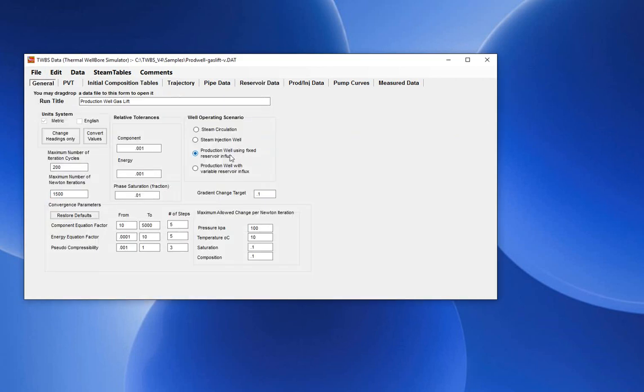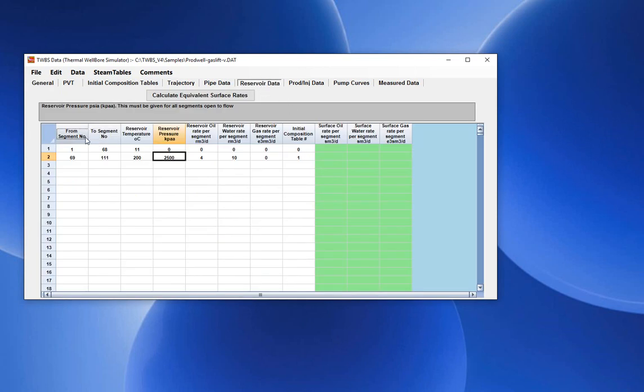For the case of a production well scenario, this is a case where we use a fixed reservoir influx. If you look at the reservoir data for the fixed reservoir influx, we will see more columns: the 2 segment range, a reservoir temperature, a reservoir pressure, and a reservoir oil rate, water rate, and gas rate per segment.